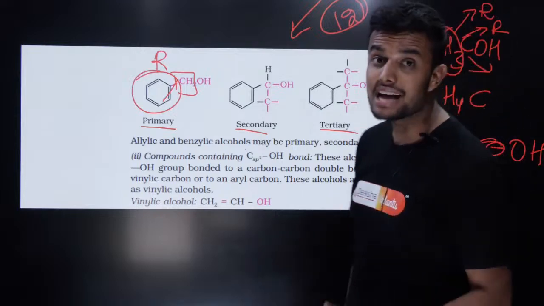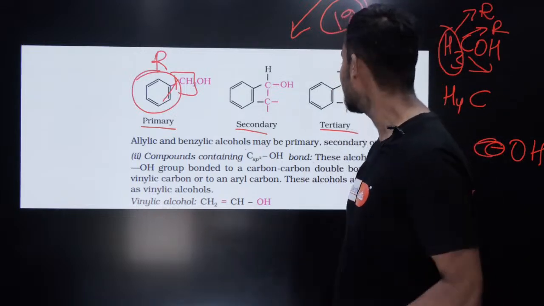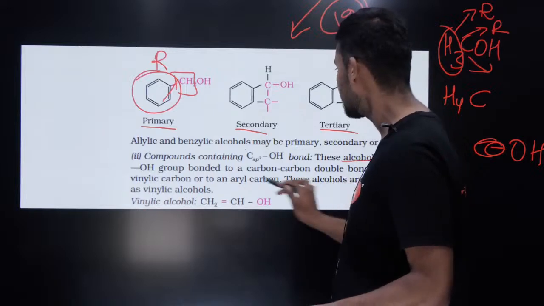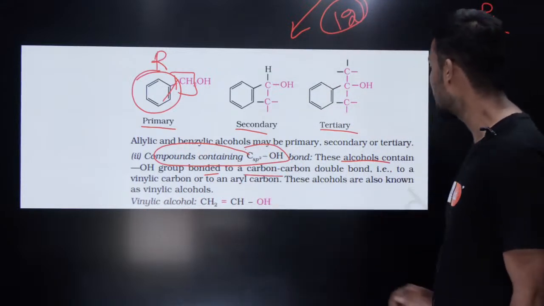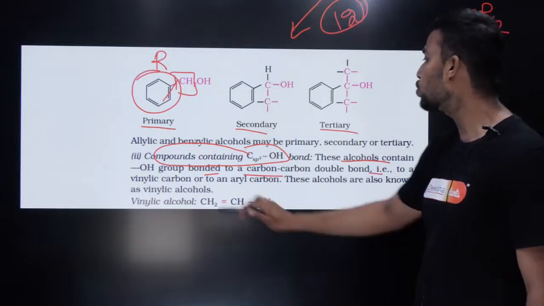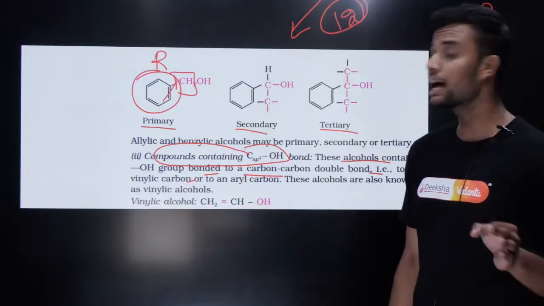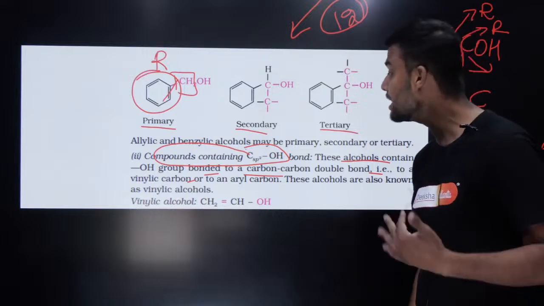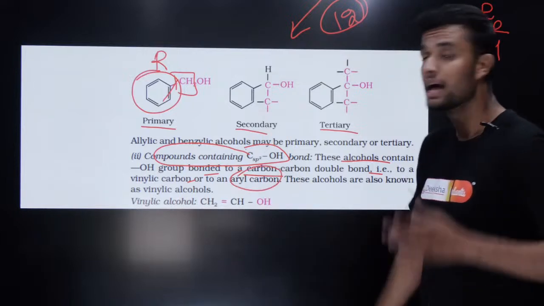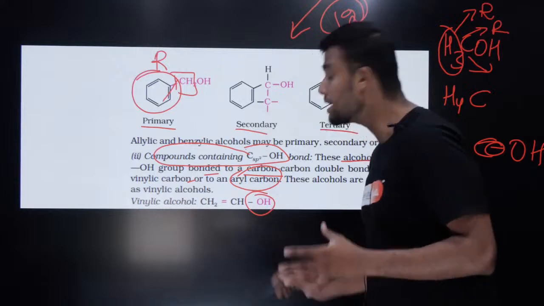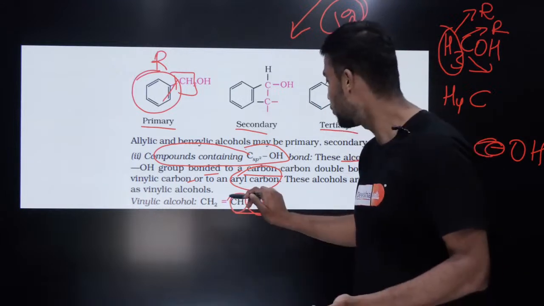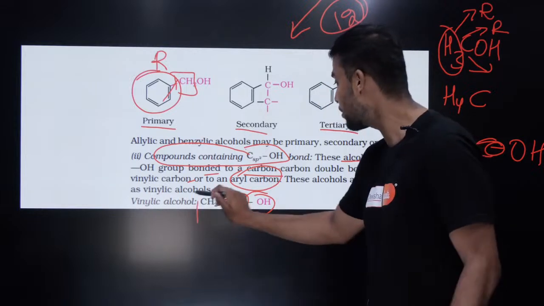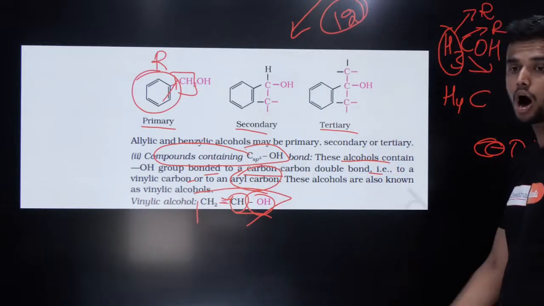Next, let's move on to the classification of alcohols by carbon type. Here we have another type, vinylic carbon or aryl carbon. Alcohols containing an OH group attached to an sp2 carbon of a carbon-carbon double bond, that is a vinylic carbon. If the carbon attached to the functional group has a double bond, this type of alcohol is called vinyl alcohol.